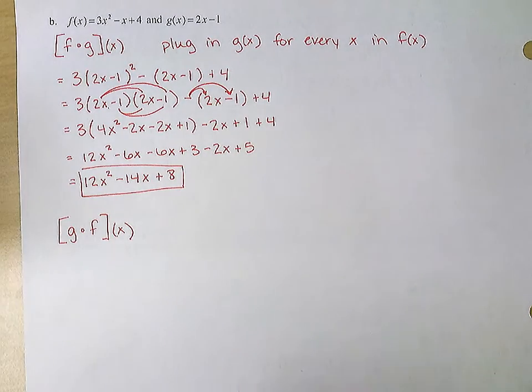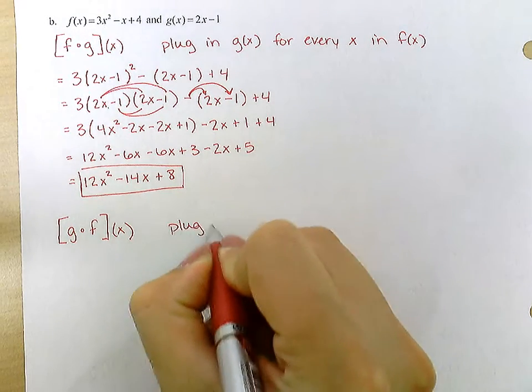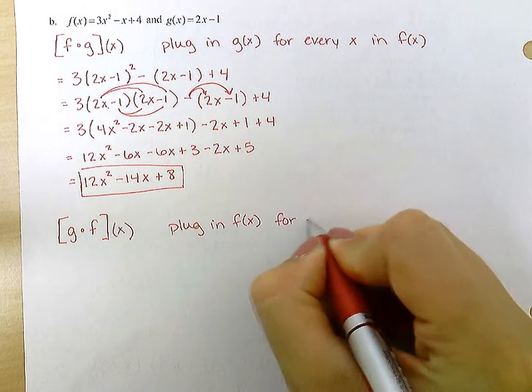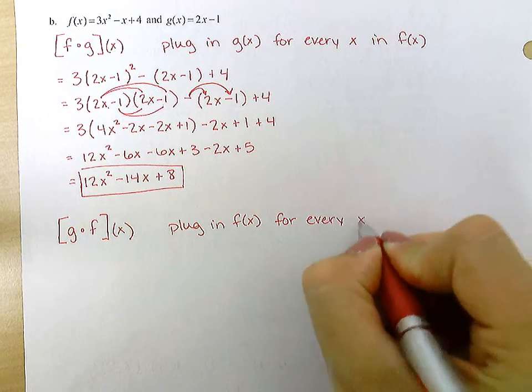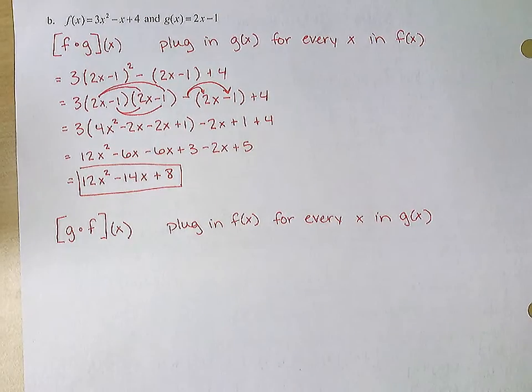Again, I'm going to write this out. So instead of plugging g in for f, you're plugging f in for g. Leaving that open space for the x value in your g function.